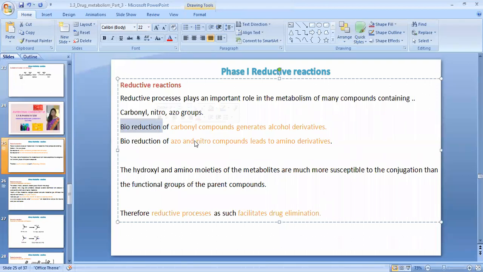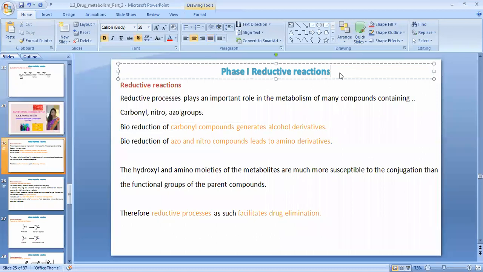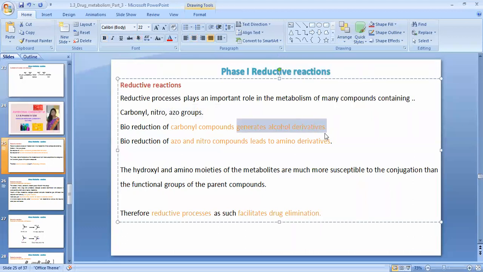But here if the drug molecules contain carbonyl compounds आणि त्यांचं मेटाबॉलिझम जर एन्झायमॅटिक कन्व्हर्जन्सने होत असेल, बायो रिडक्शन होत असेल, so those types of reactions are coming under the category of reductive reactions. Now what happens? Bioreduction of carbonyl compounds generates alcohol derivatives. Now we all know कार्बोनिल कंपाऊंडचं रिडक्शन झालं की it is converted into alcohol derivatives.